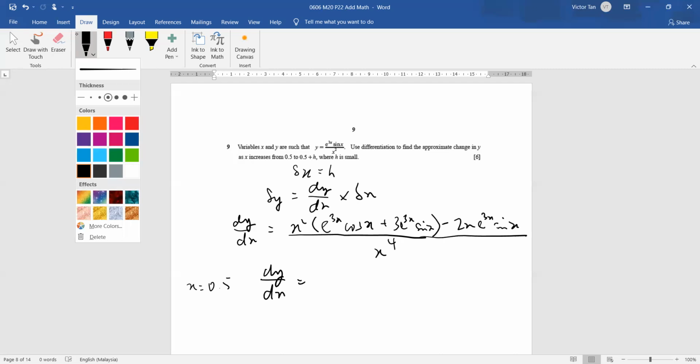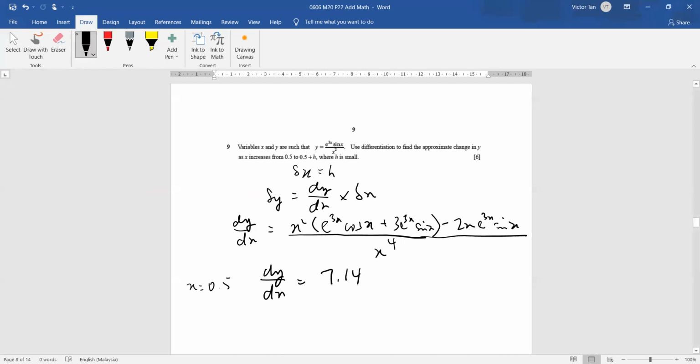Sine 0.5 times 0.25 minus e to the 1.5 times sine 0.5, divided by 0.5 to the power 4. Okay, 7.14. So delta y equals 7.14h. That's it.